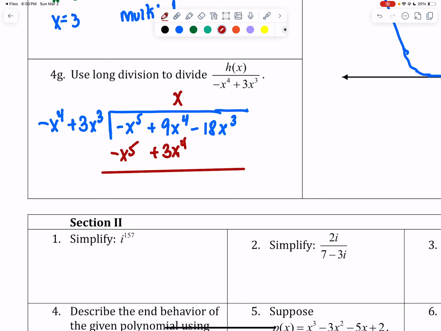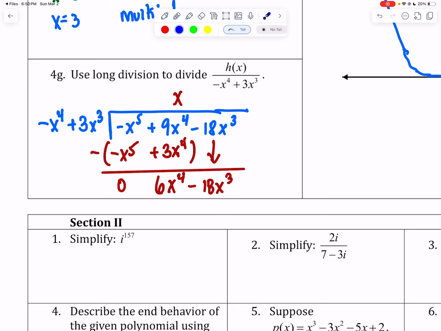I'm going to subtract, and remember, subtracting is the same thing as adding my opposites. So negative x to the fifth minus negative x to the fifth would be negative x to the fifth plus x to the fifth, which should give me 0 because I want that to be canceled out. And then 9x to the fourth minus 3x to the fourth is going to be 6x to the fourth. And then we have negative 18x to the third.